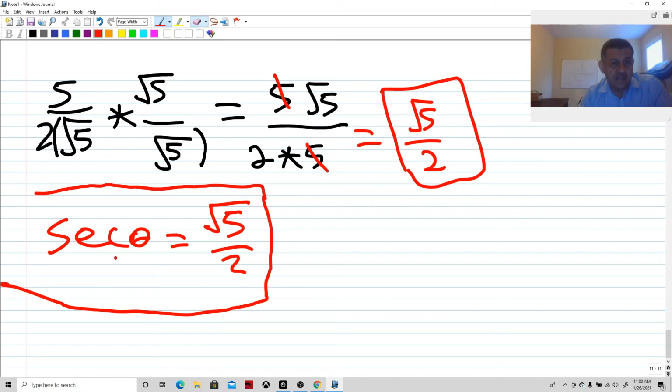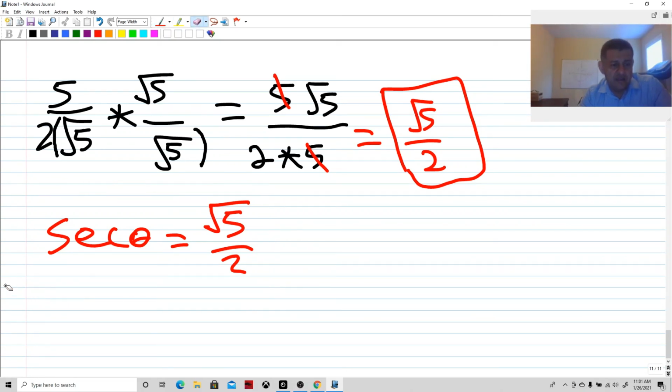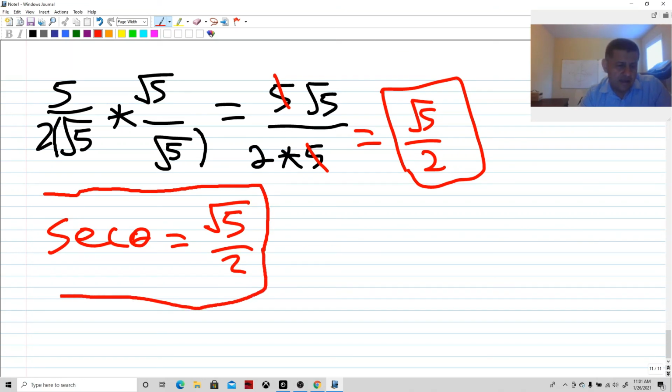I went way too far. So, okay, let's try again. Okay, that's better. So secant of theta is equal to radical 5 over 2, correct?